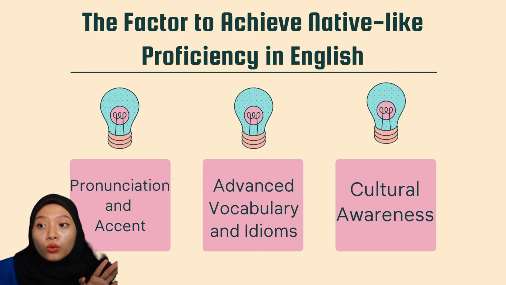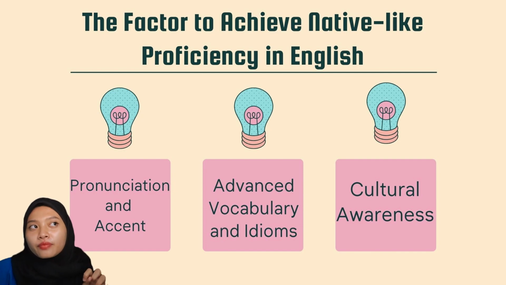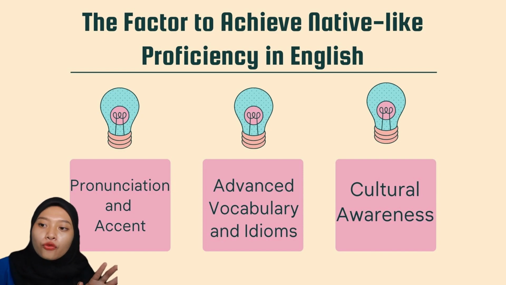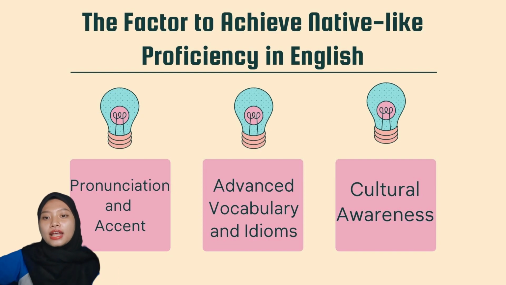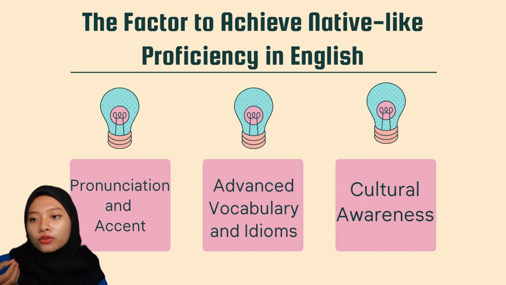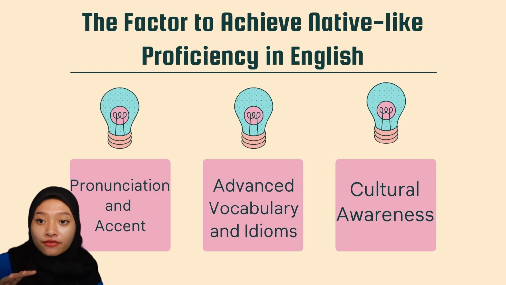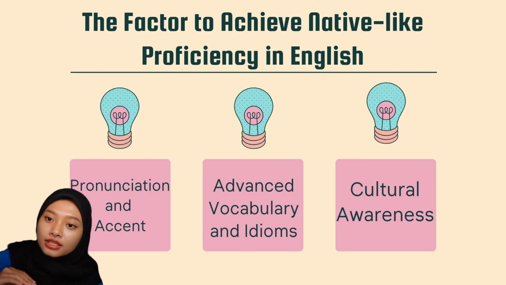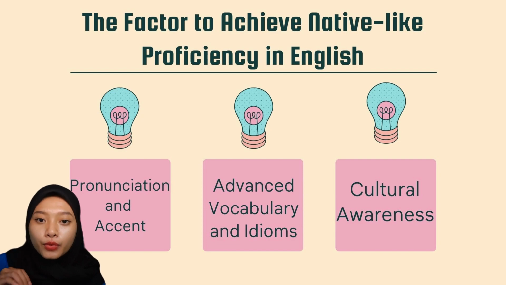A deep knowledge of advanced vocabulary, idiomatic expressions, and colloquialisms is crucial for sounding native-like in conversation. 6. Cultural awareness. Understanding cultural references, humor, and context-specific communication is essential for native-like proficiency.